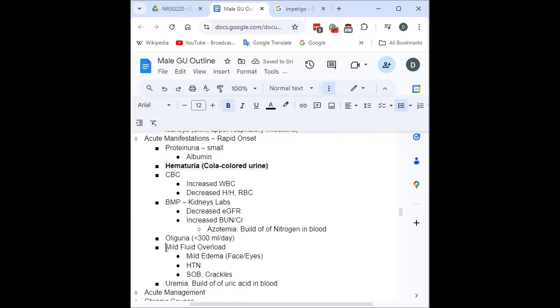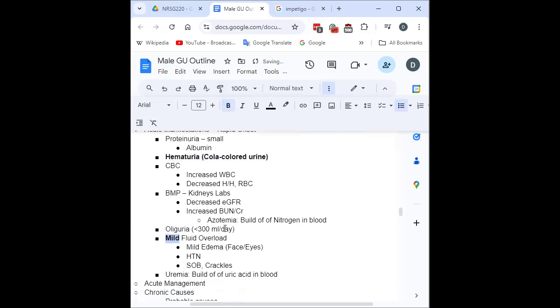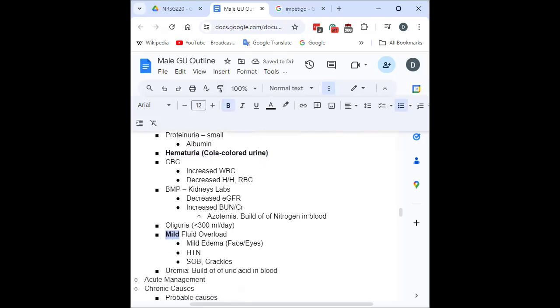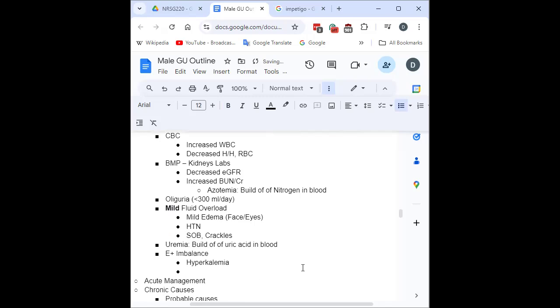A good thing to keep in mind is that it's a mild fluid overload and some electrolyte imbalance, you can imagine. Probably a hyperkalemia, and I wouldn't be surprised if you have a hyponatremia going on.